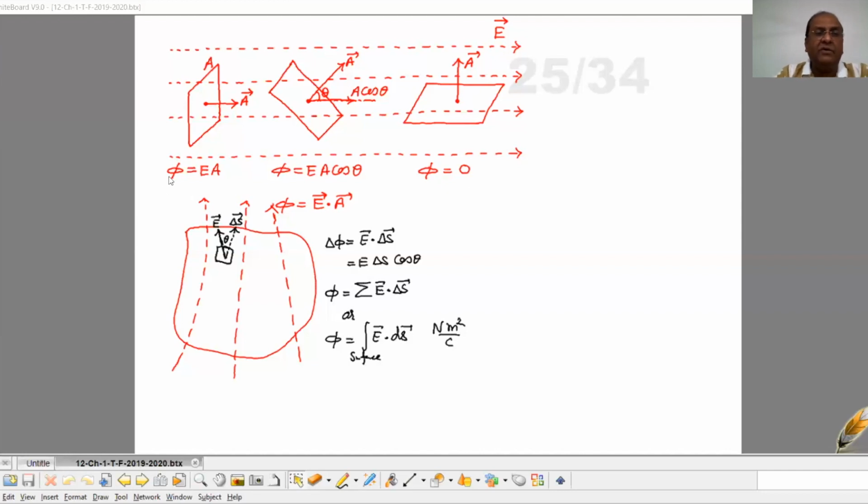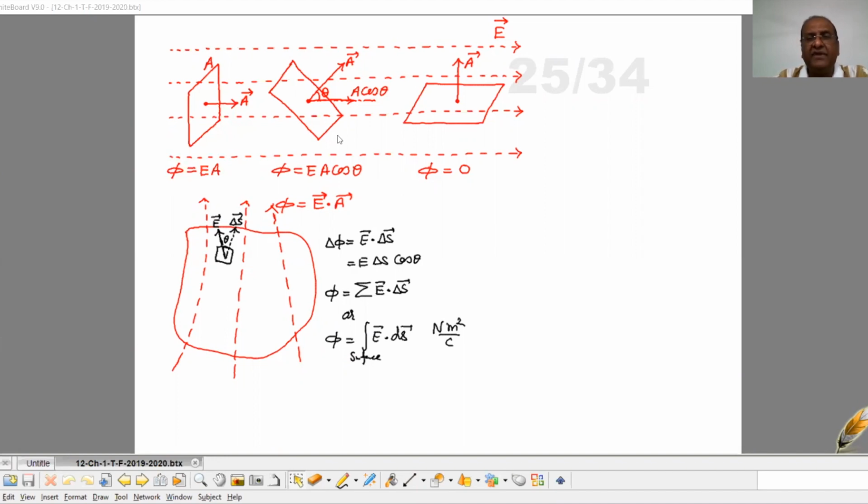So now from all this, we can generalize the equation for the flux phi, that is E dot A. Now E dot A is EA cos theta. See, if the area vector is parallel to the electric field, cos theta is cos 0, that is 1. So we will get this particular situation.